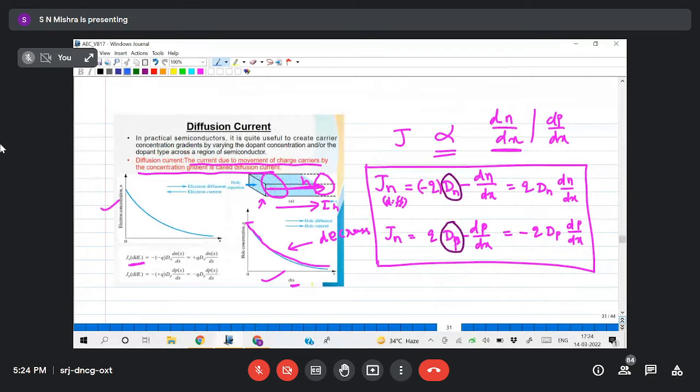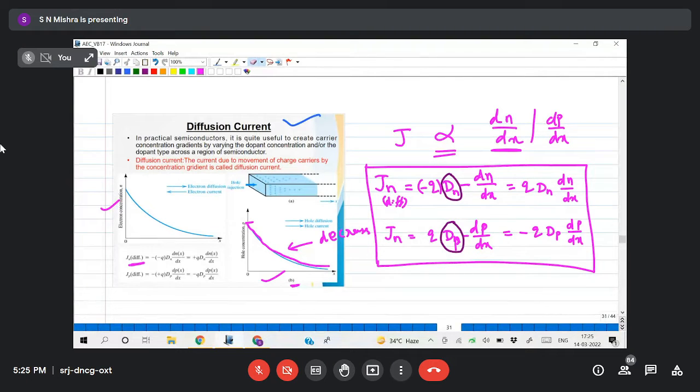This discussion we have done, na? Yes, sir. So what is diffusion current? The current which is due to the concentration of holes and electrons. Due to concentration gradient, the carriers will move to maintain balance.